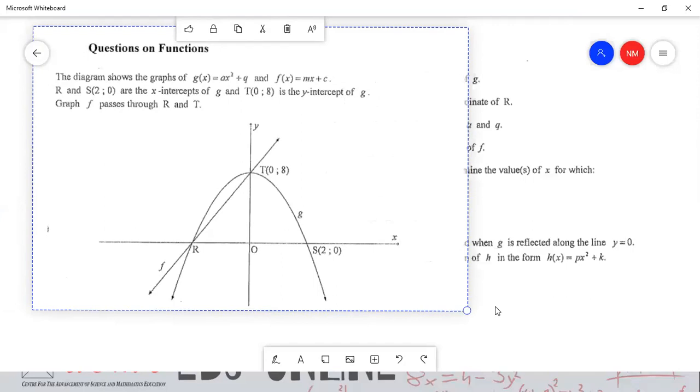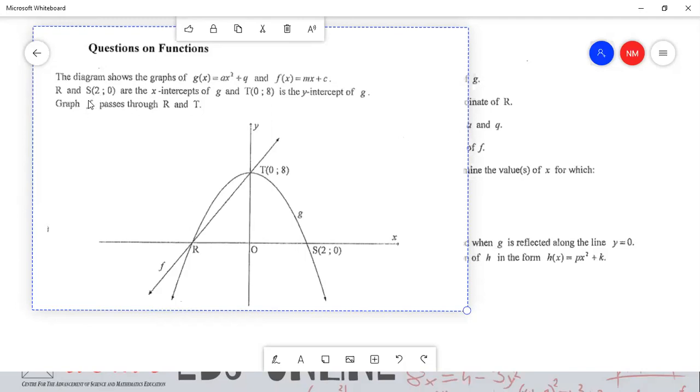Okay. So here is a question. It's a grade 10 question, but just for us, just to exercise our brains a little bit. The diagram shows the graph of g(x) = ax³ + ax² + q, and f(x) = mx + c. R and S are the points.